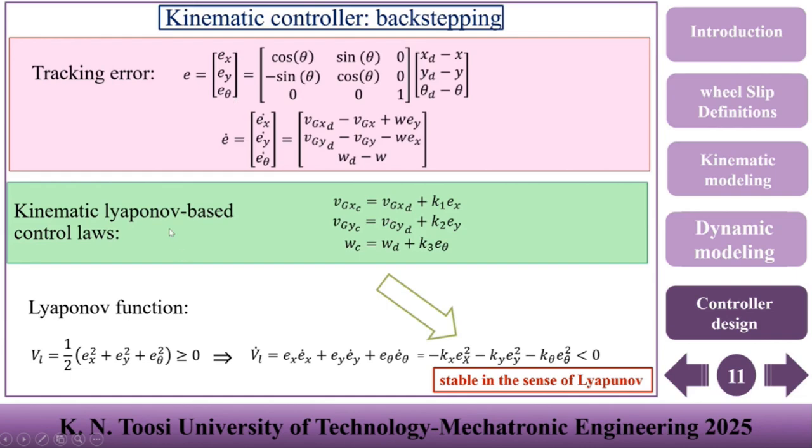This is the kinematic Lyapunov-based control laws that is created, and these velocities will go and enter our inner dynamic controller as the references. With some analysis on the Lyapunov function, we can prove that these control laws will guarantee that we have stability in the sense of Lyapunov.